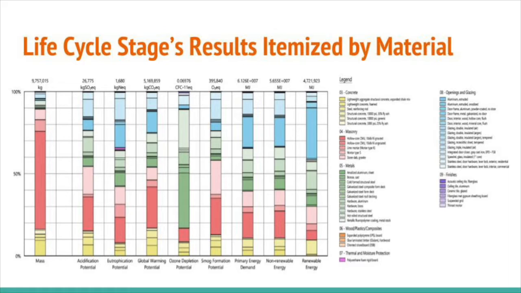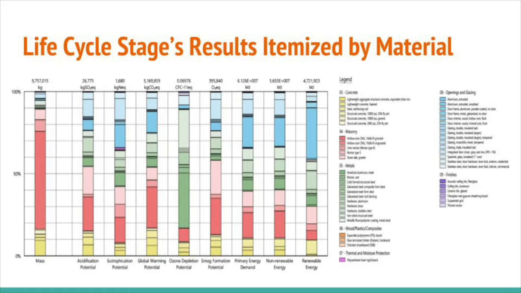Here, the impact levels seem to be much more varied. It seems to be masonry that takes up the majority of the environmental impact for at least most of these categories, specifically mass, which takes up more than half of the entire environmental impact.